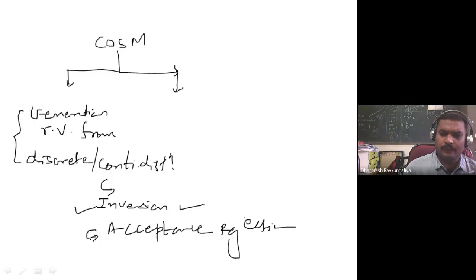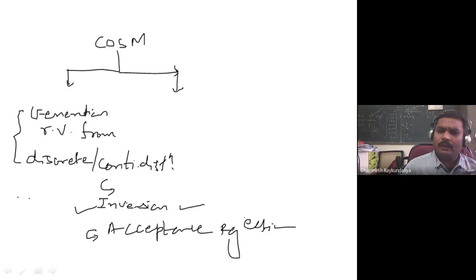Then we will see variance reduction techniques and importance sampling techniques. Likewise, there are various things we will see in the generation of random variables part.